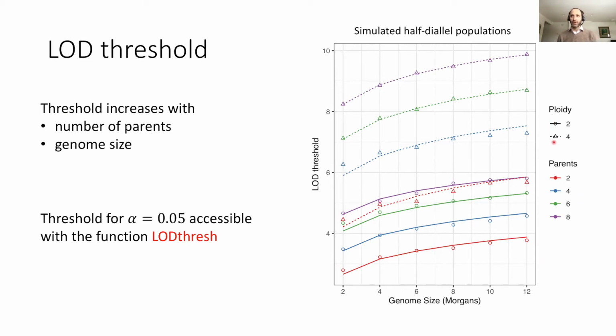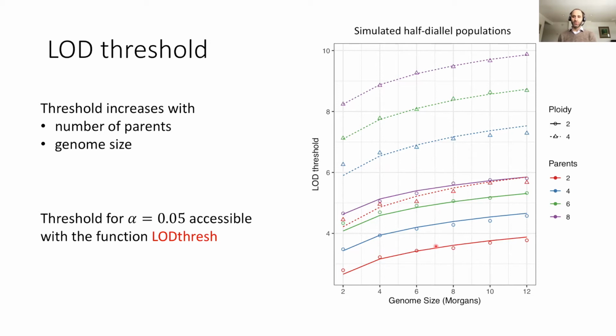So we're going to compare a diploid versus tetraploid. This software works for both ploidy levels. The number of parents was varied from 2 to 8. And then we also varied the size of the genome. And for each one of those different scenarios, a trait was simulated without any QTL, so just noise basically.